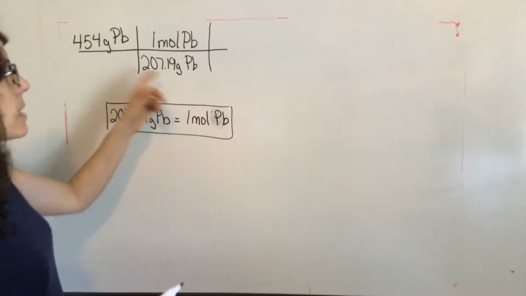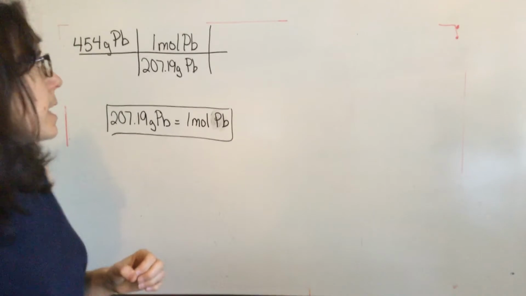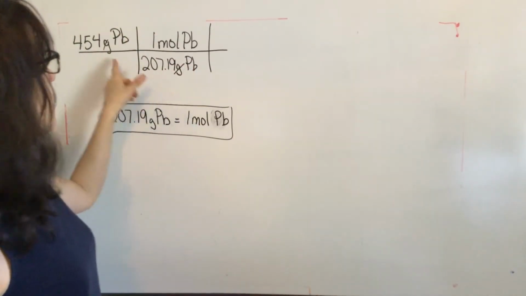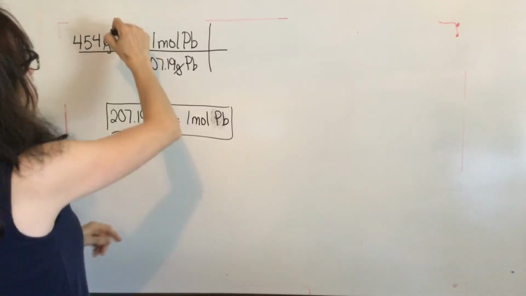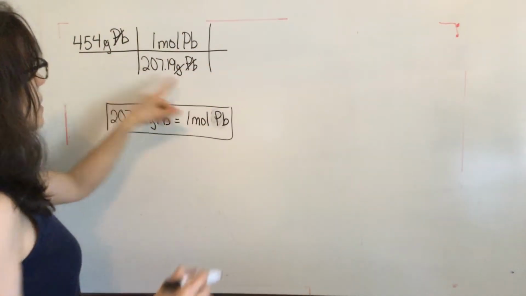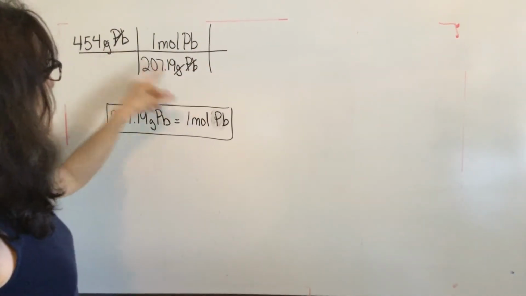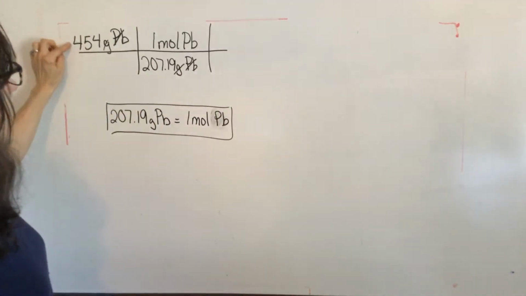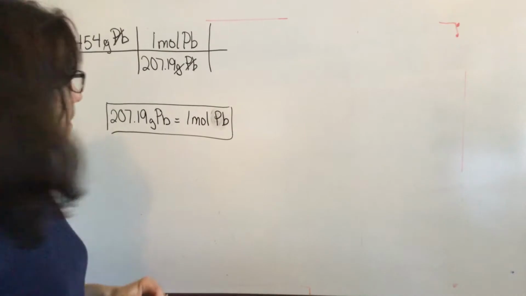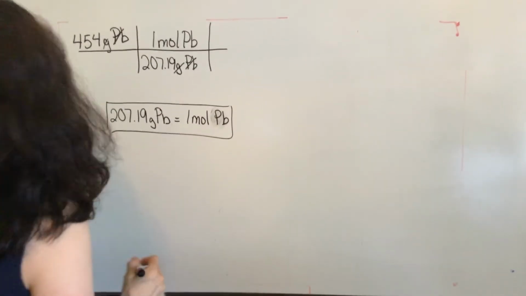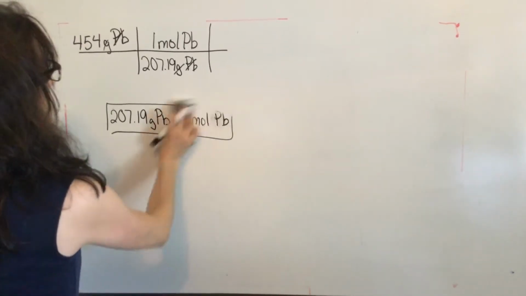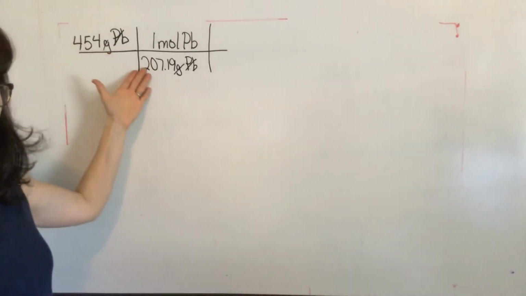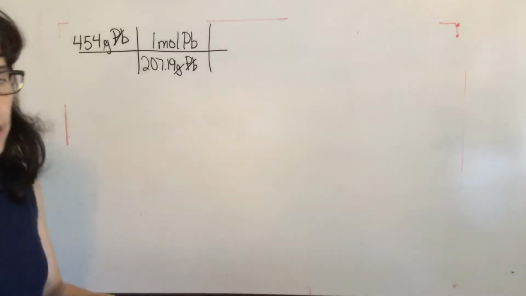Is everything going to cancel out? In other words, is the quantity going to cancel out? The grams is going to cancel out, and so is the substance. In this case, it's lead. So in this case, what we would be doing is taking this number and dividing it, but that is not what we're worried about for this assignment. We just want to determine the correct conversion factor and set it up correctly.